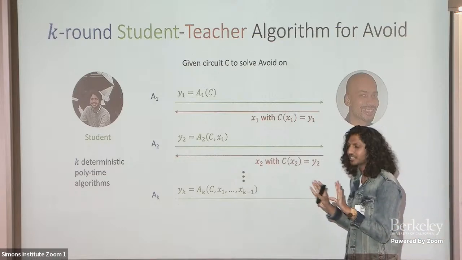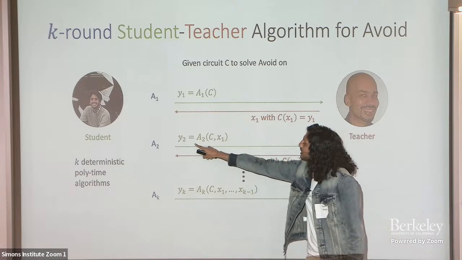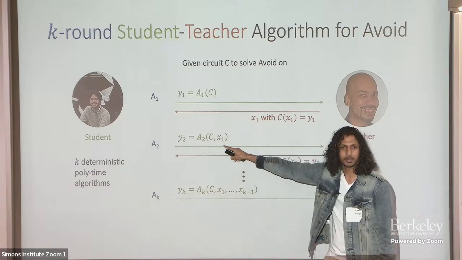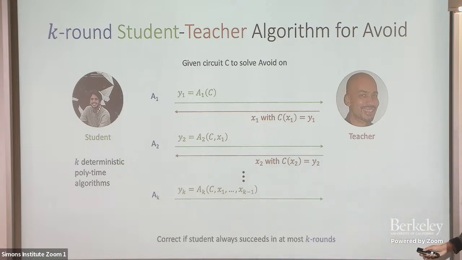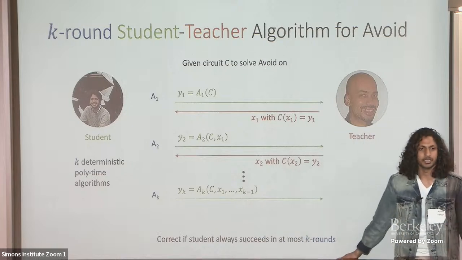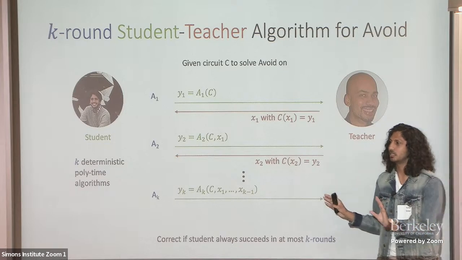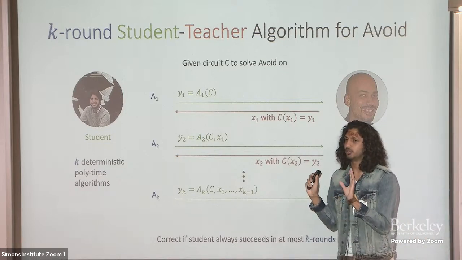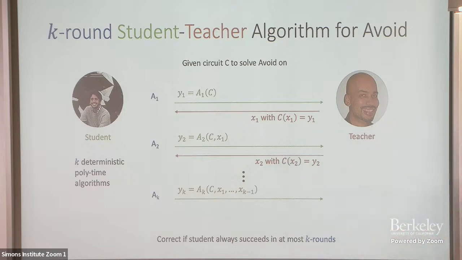And the teacher says, okay, you're getting a little bit better, but gives back an example. Importantly, the student is allowed to see the counterexample. So basically a K-round student-teacher game is a game like this where the student will eventually find a counterexample in at most K rounds. The KPT witnessing theorem will show that you had an algorithm that succeeds in a constant number of rounds. Is the definition of this clear?